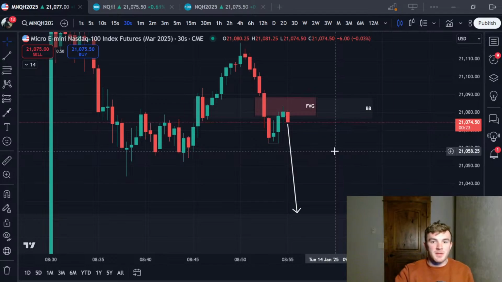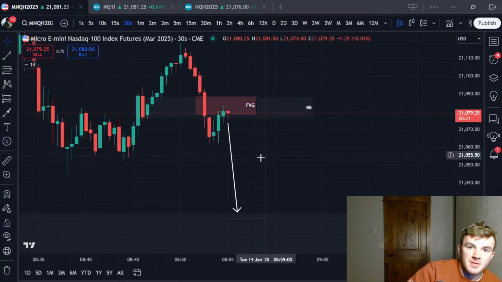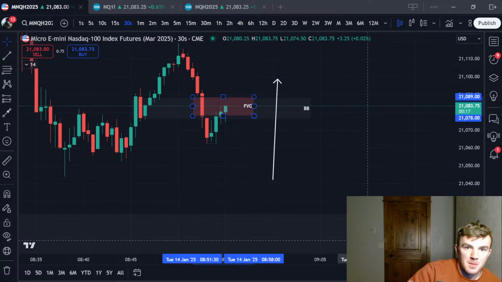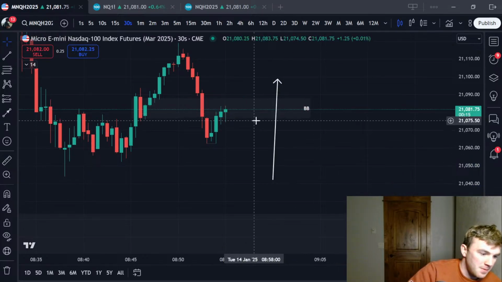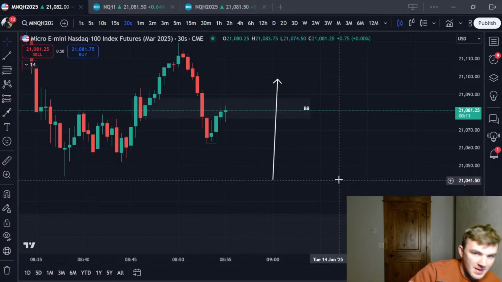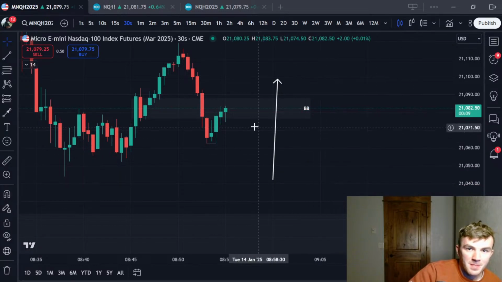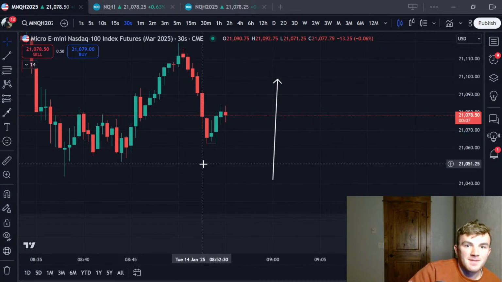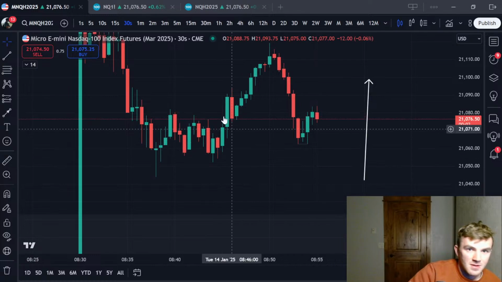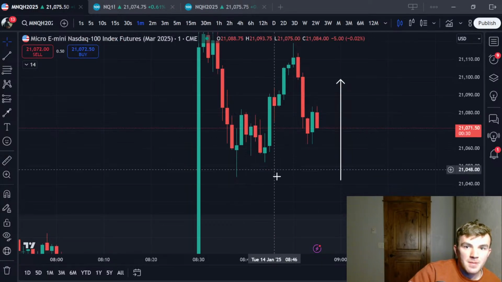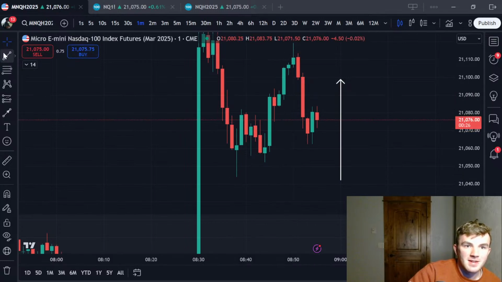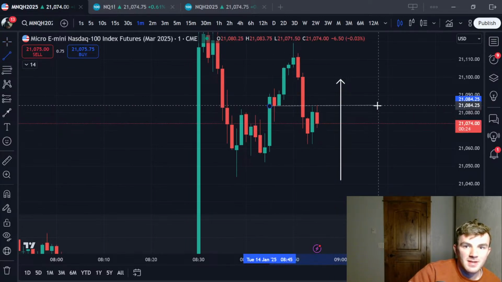But I'm waiting for the inversion back to the upside if we get it. Yeah, it's a breaker block, I told you. Yes, this is the OB. I see the OB. I'm aware.